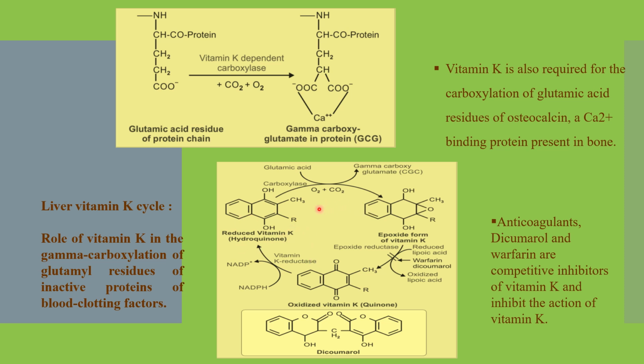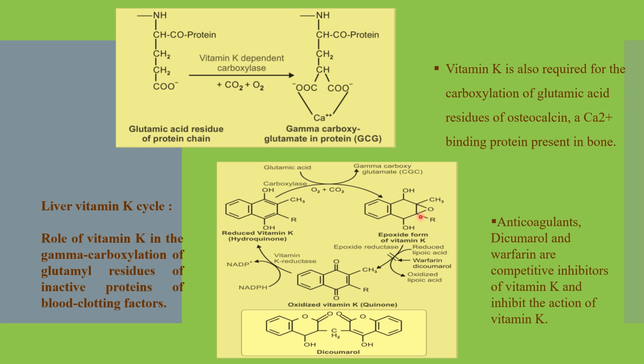As we know, the vitamin K dependent carboxylase is present in the liver, so the cycle happens in the liver. This is the reduced form of vitamin K, that is the hydroquinone form. In the course of conversion of glutamic acid to gamma carboxyglutamate in the presence of the carboxylase enzyme, it converts into the epoxide form.